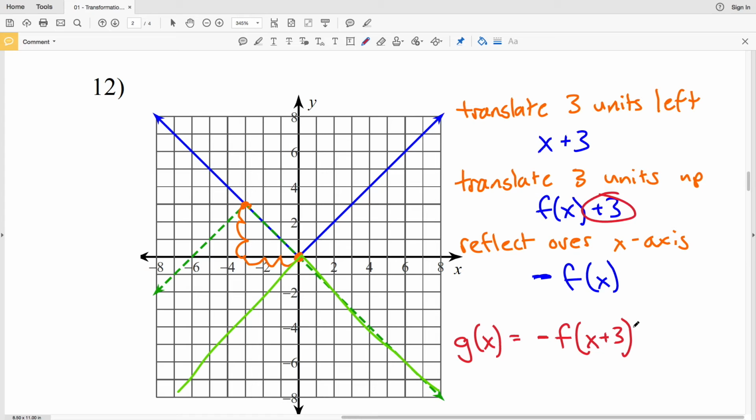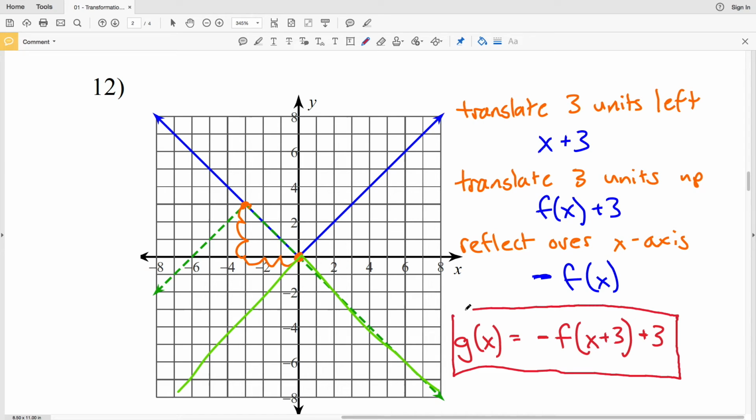And then we'll be adding 3 to the function. So first, we complete what happens to the variable, and then what happens to the function. Because what happens to the variable is within that function. So g of x equals the opposite, or negative, f of x plus 3 plus 3.